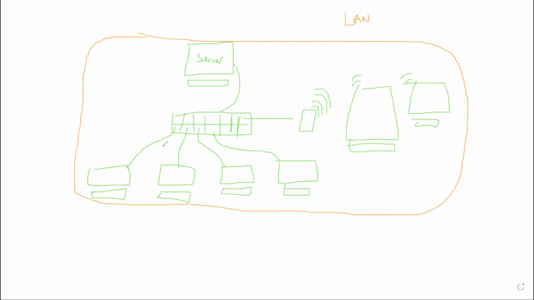If this guy now wants to go to the internet, then we need something we call a router. Why? The IP addresses of these computers, they are on the same network, so they will naturally see or communicate with each other. All right. But if it has to go to the internet, then we have to pass through the router.